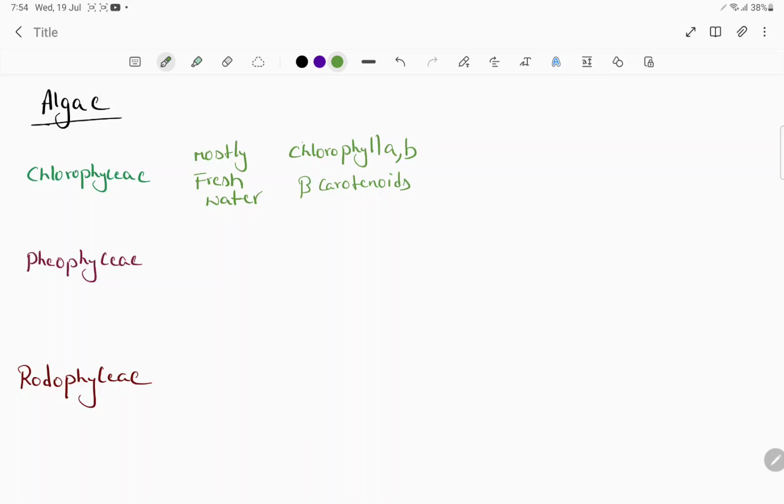Coming to cell wall: outer pectin, inner cellulose. Preserved food material: pyrenoid, so protein in the center surrounded by starch. Protein surrounded by starch.